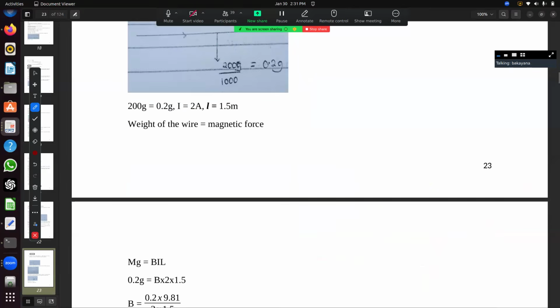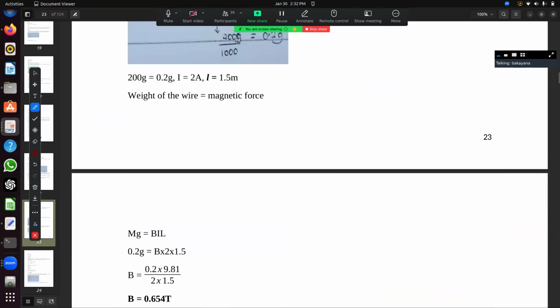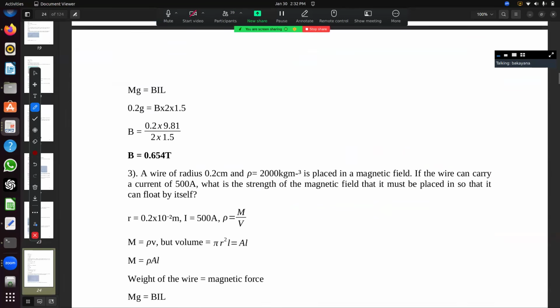So this is what we have. Just substituting, mg is equal to BIL. When you substitute, you can get your B as that. That okay? So a wire of radius, now here we are given the radius.